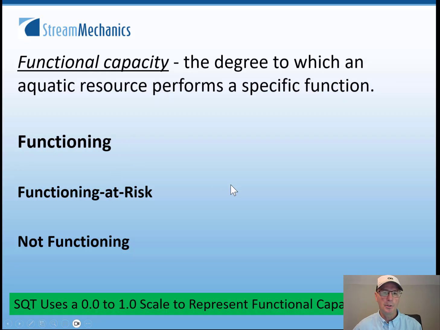It's not unique to the SQT. Other assessment methods use this as well. At the stream functions pyramid framework level, these are just categorical. Then the SQT goes a step further and puts a scale of 0 to 1 on top of these categories. So we'll lay that out as we move through the process.